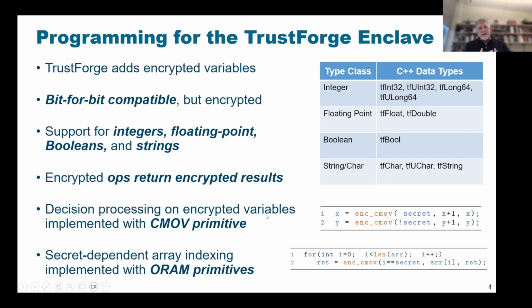And I'll just say that, in the marketplace, the TrustForge Secure Computation Platform primarily competes against two other technologies, which are homomorphic encryption plus zero-knowledge proofs, as well as multi-party computation plus zero-knowledge proofs.